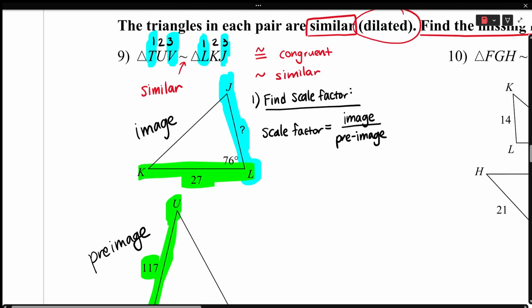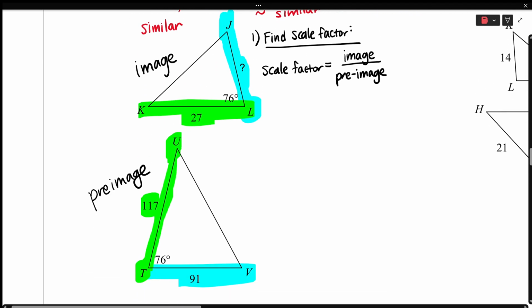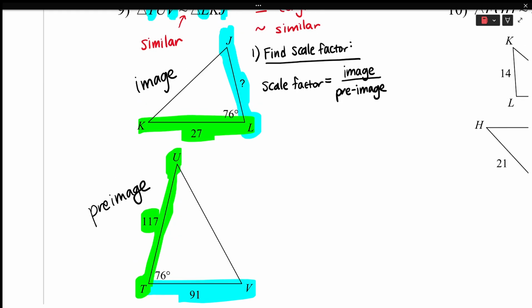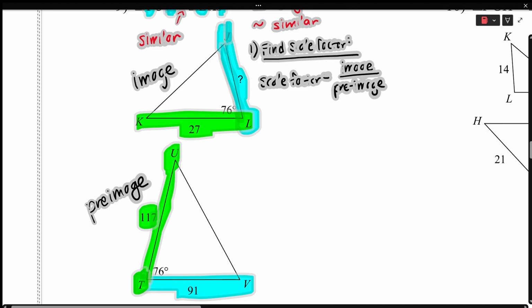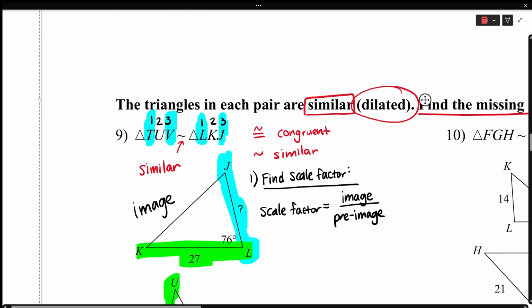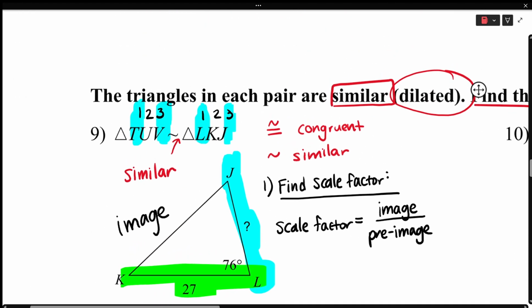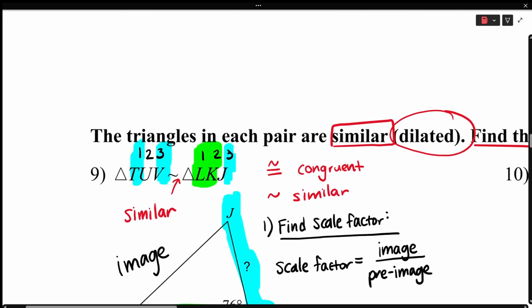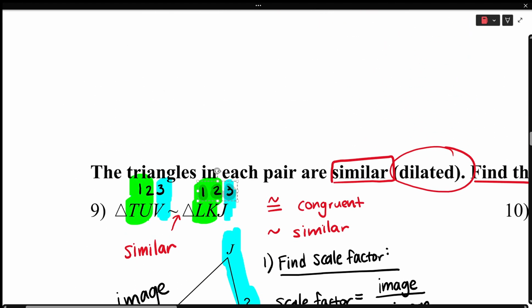I'm looking at the pictures and the only two sides that are left over are 27 and 117, right? If you want to double check that they're corresponding, look at the order of the letters. 27 is KL, that's 1 and 2. And then 117 is UT, which is 1 and 2. So they're good.